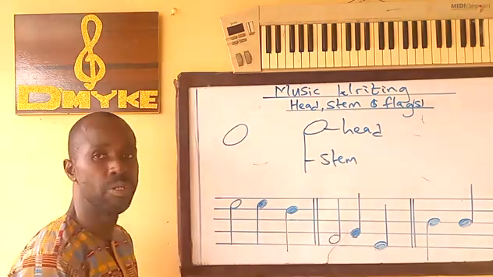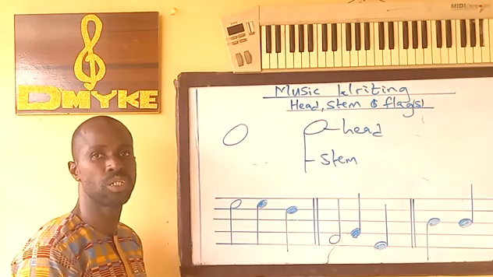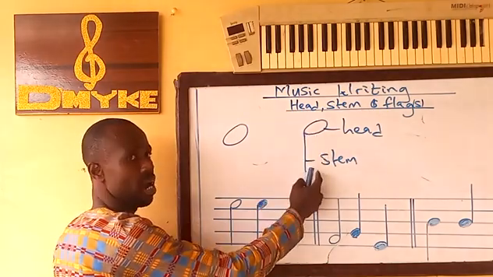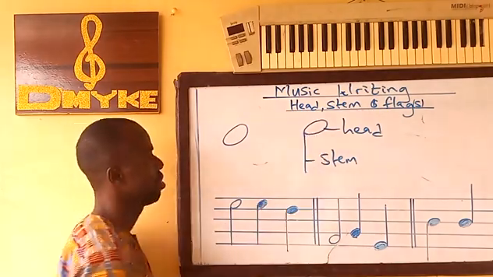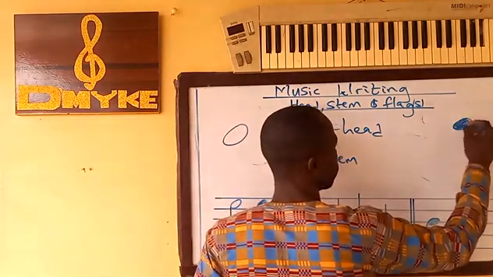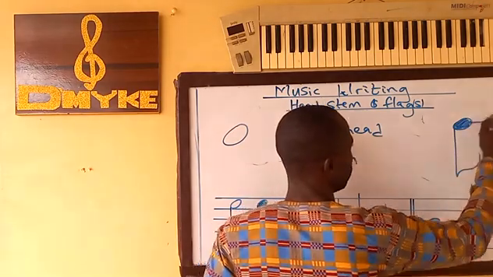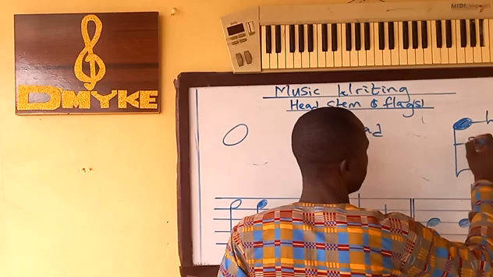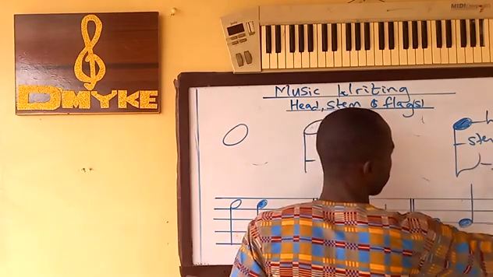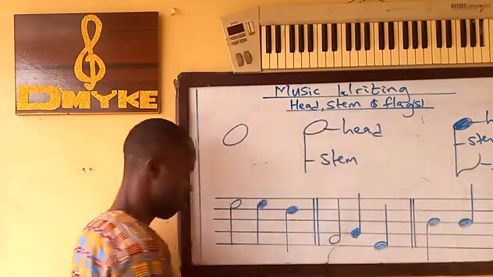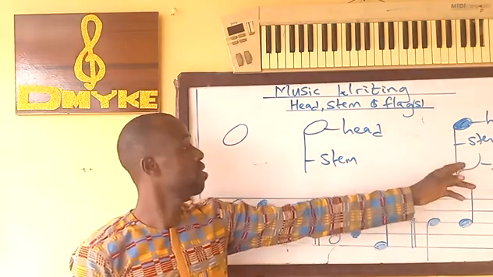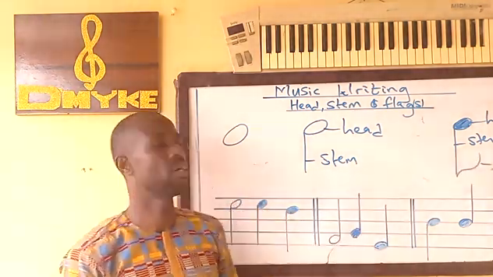Notes like minim, half notes, or crochet, quarter notes, have the head and the stem. The third set, something like this: the head, the stem, and the flag or tail. This is the flag or tail. So you can see the head, the stem, flag or tail.